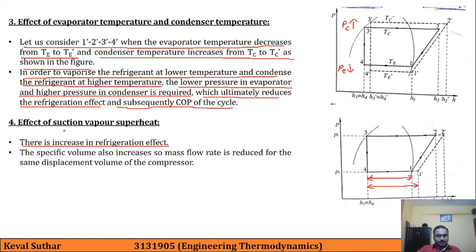Now here the specific volume also increases. Here the specific volume at 1 prime is more than at 1, so the mass flow rate reduces because both are reciprocal to each other for the same displacement volume of the compressor. So there are two effects which are happening here.